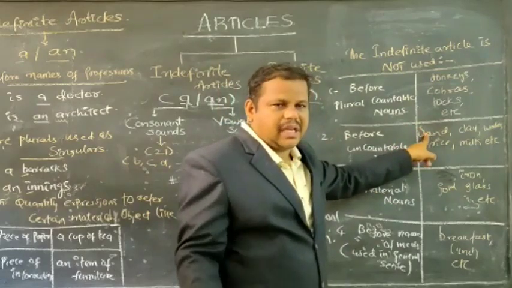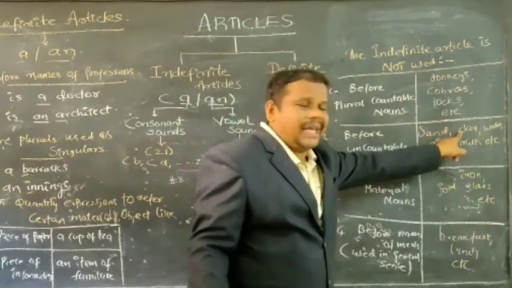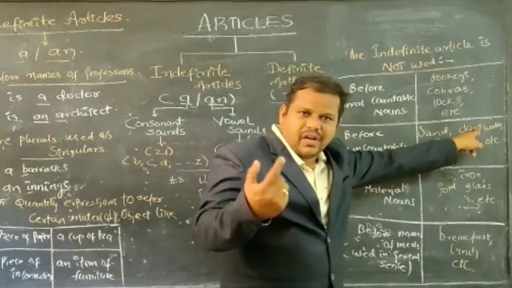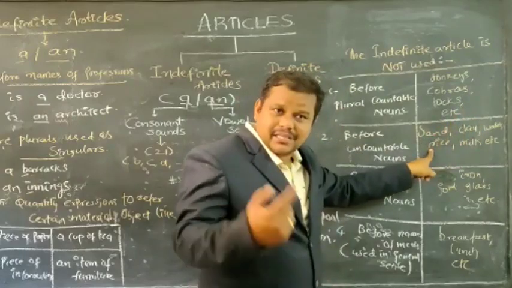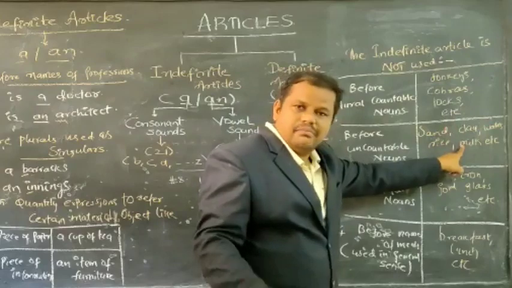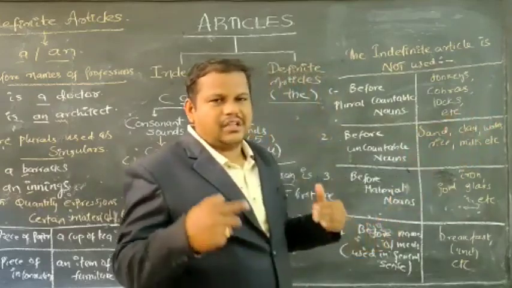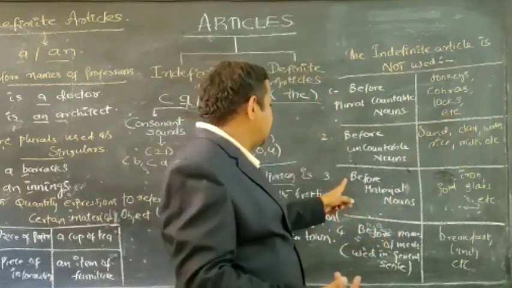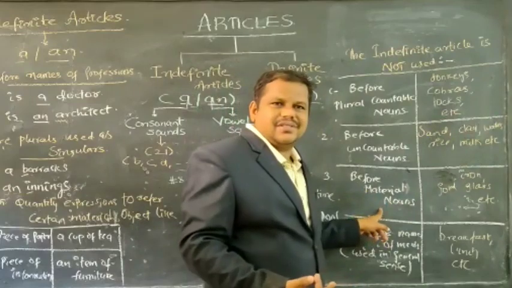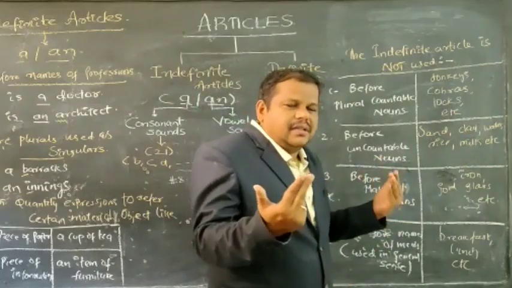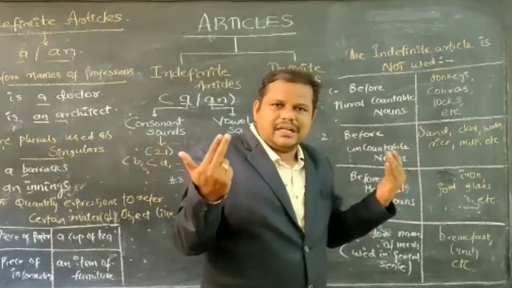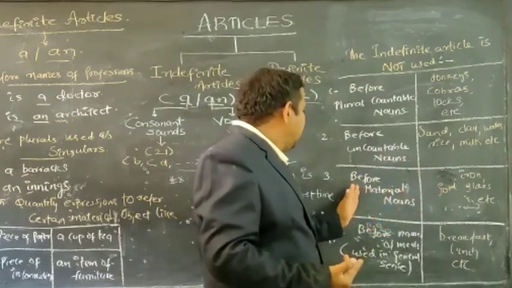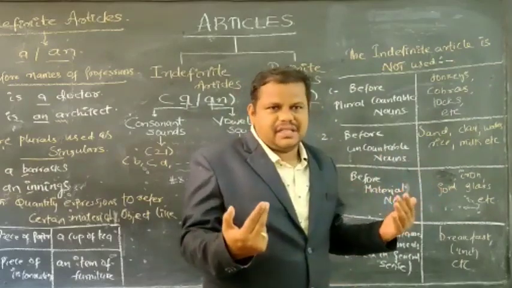Can you count the sand? No. Clay? No. Can you count water? No. Rice, can you count it? Milk, etc. We can't use indefinite articles. Before material nouns like iron, gold, silver, glass, etc., we can't use indefinite articles.